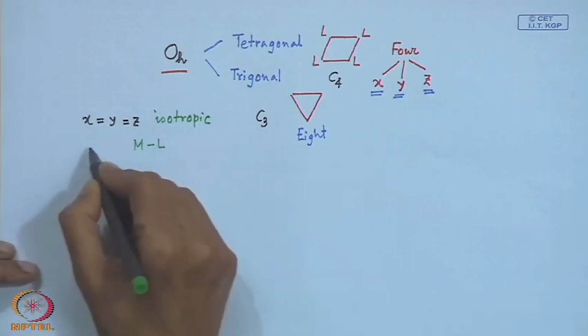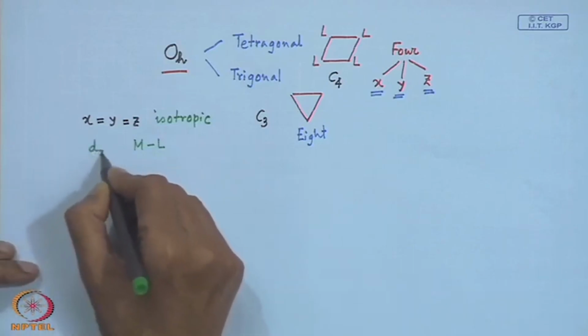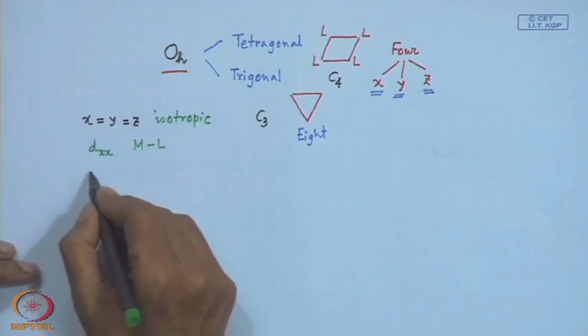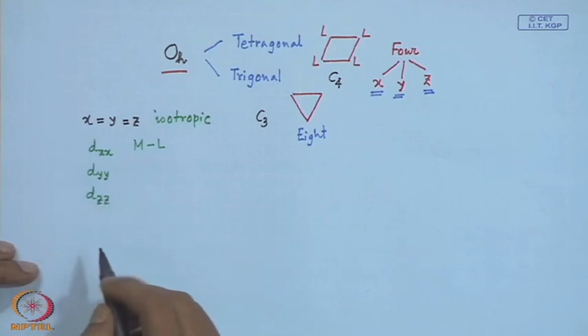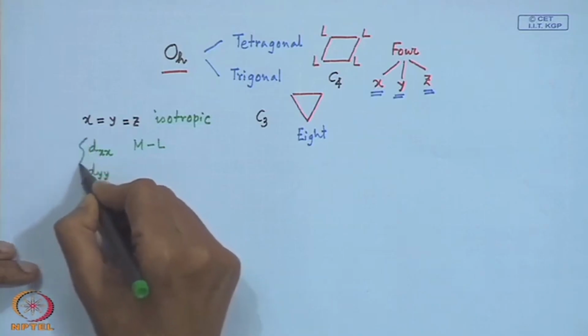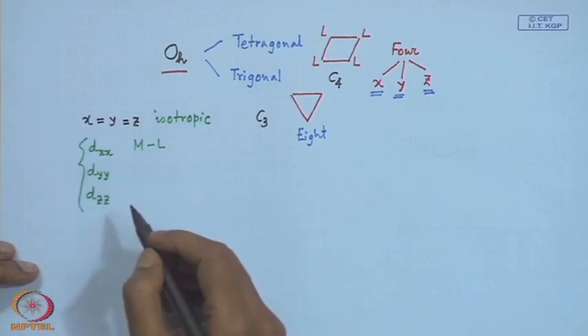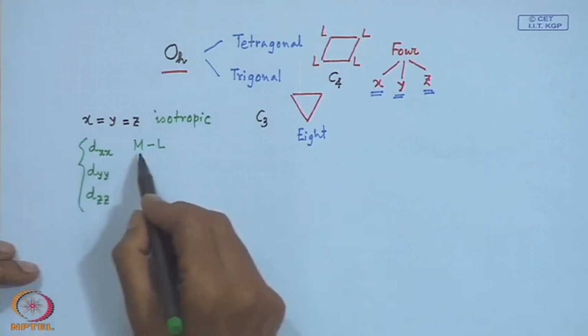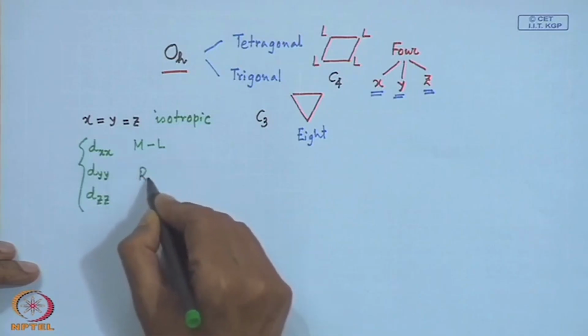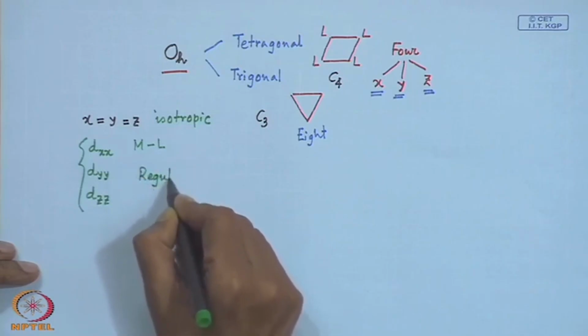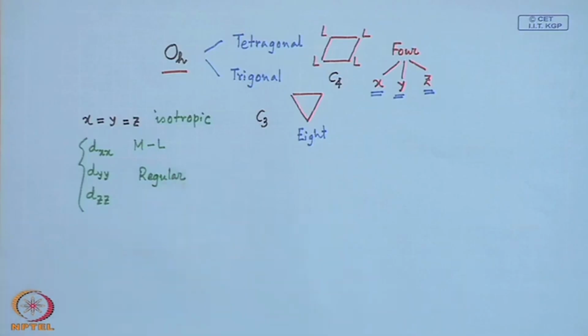So distances along the x axis, distances along the y axis and distances along the z axis. If they are all the same, we get a situation where we consider that all the M-L distances are almost the same. So we get a regular octahedral geometry. But this is not true always.